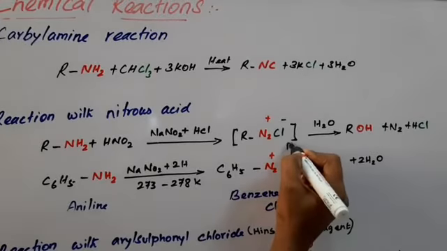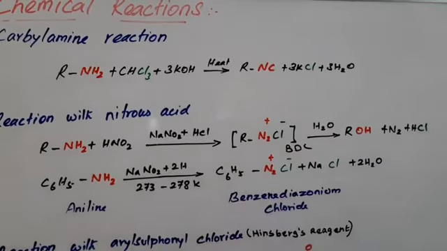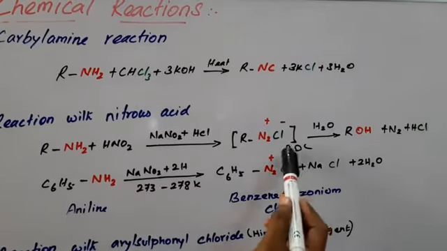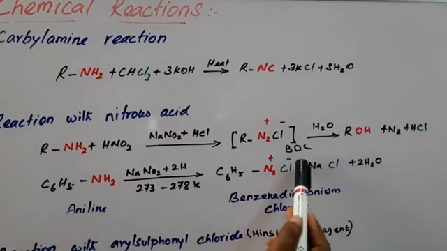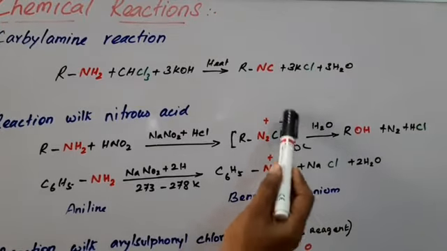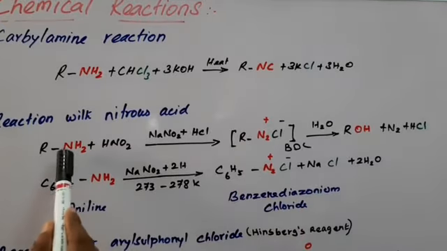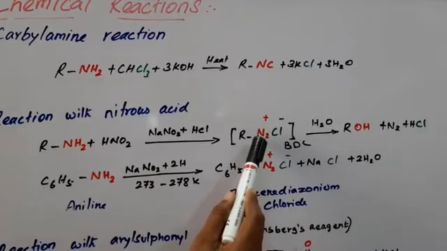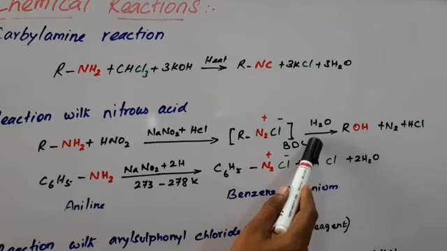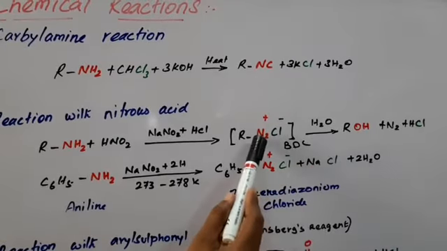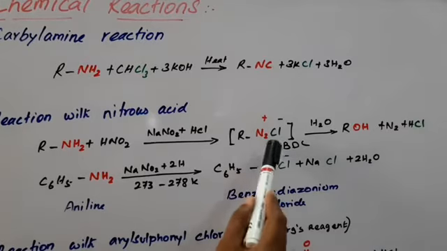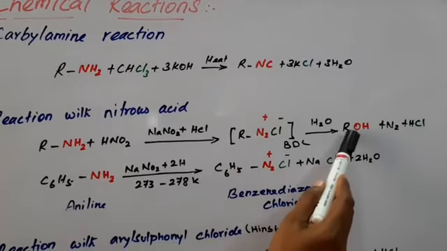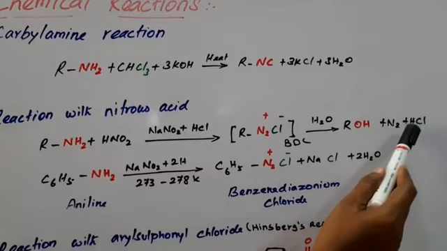BDC is the abbreviation for benzene diazonium chloride, an azo compound, because the amine contains nitrogen. After that it undergoes hydrolysis easily, and the nitrogen gets out. So we get alcohol plus N2 gas plus HCl.